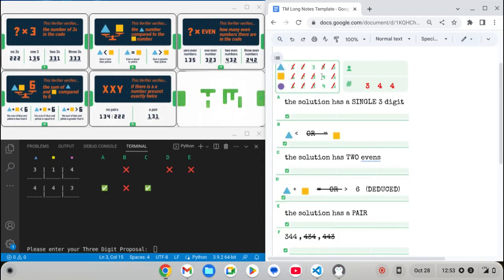And we did talk through, I think after we tested, what was it? I guess C, the number of evens. Is that correct? I don't remember what we tested first in the second round, but we were able to eliminate all the, I think it was the number of threes, in fact.